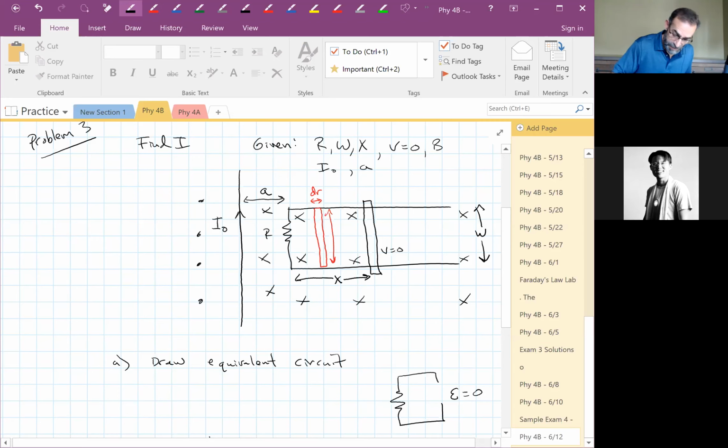I'll put these in little circles. The magnetic field here is into the page. And this x is my distance. So this is W over here.